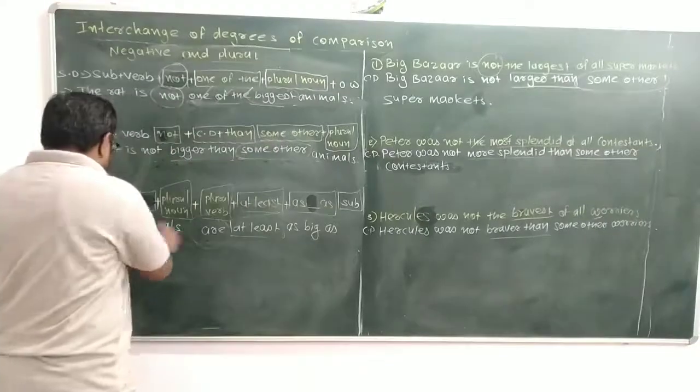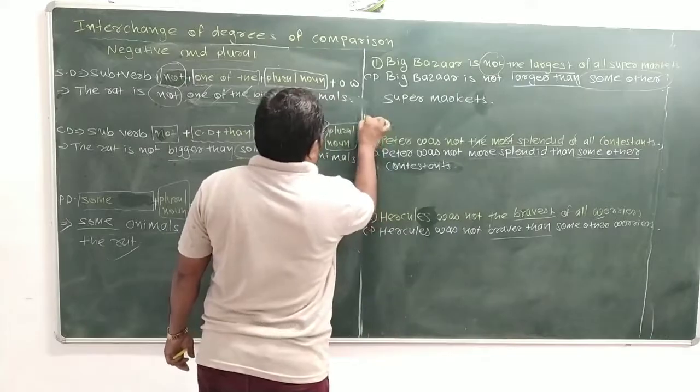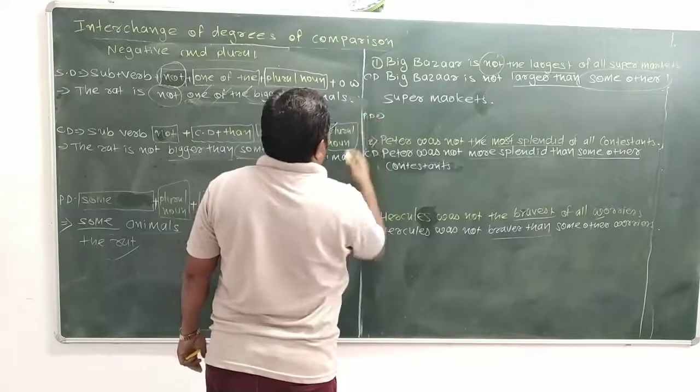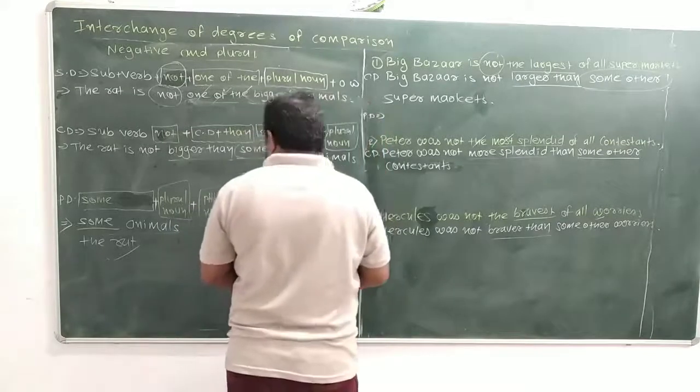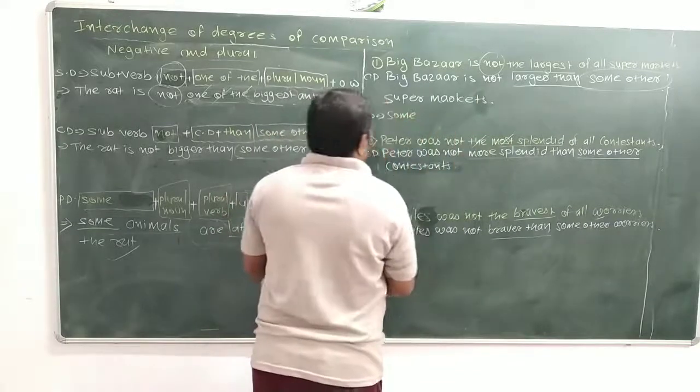Now we are going to make positive degree. Before we start to make positive degree, we have to write some. Now what is the plural now? Supermarket.